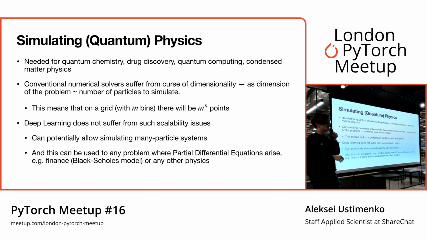If you have thousands of electrons, you just need 1,000 times more compute than you needed for one electron, unlike classical methods, where there is basically no computer that can be used to simulate it. And that's where Autograd arises, because it's being used to evaluate those equations with neural networks.